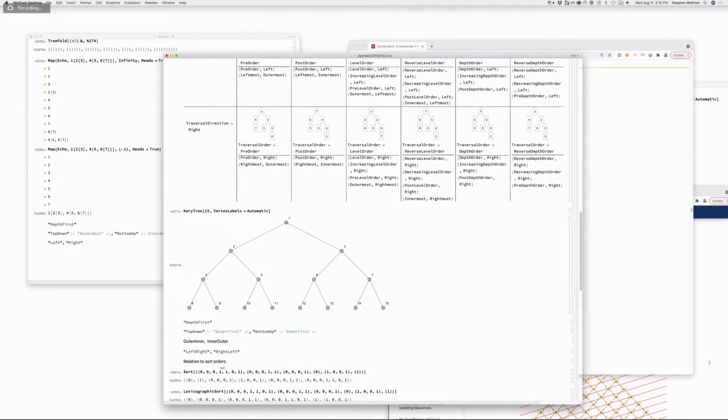Outer, inner is a synonym for top down, correct? Mm-hmm. Inner, outer is a synonym for bottom up. Left, right, it's very clear what that is. Right, left, it's clear what that is. And I think it's much clearer than just saying left.